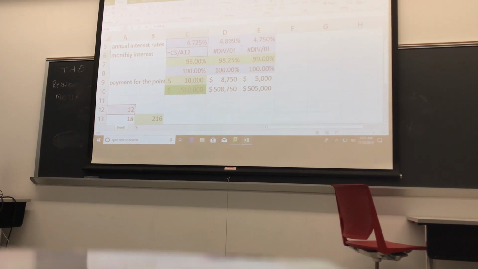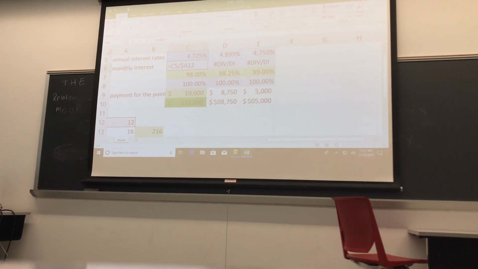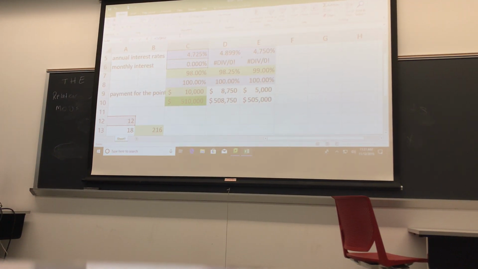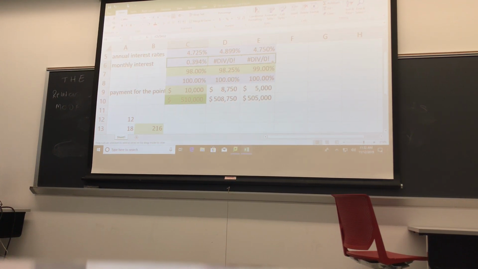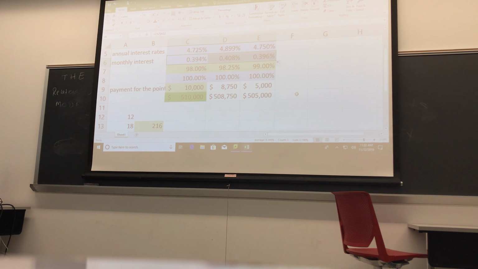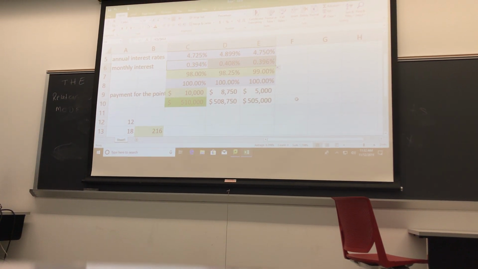Because I did not lock. What do I need to lock? The column here. The column here doesn't change. The other columns are changing. I take this and I drag it and I get this as the monthly interest. If I don't give you 3 banks and I give you 30 banks, do you need more time to do it or not?